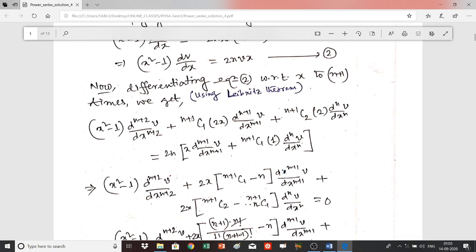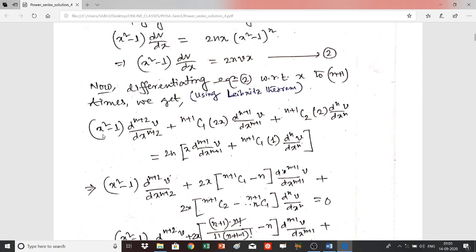Then take a constant, which is (n+1)C1, and differentiate this for the first time, so 2x, and then differentiate this v one order less than this term, that means d^(n+1)/dx^(n+1) of v, and then plus another constant will come for the third term, which is (n+1)C2, then differentiate this term twice, that is 2, and then the differentiation of v one order less than that of the previous term, that means d^n/dx^n of v.